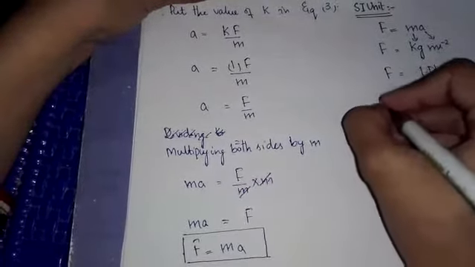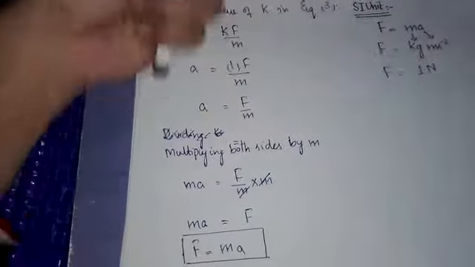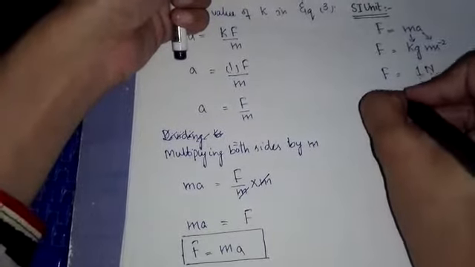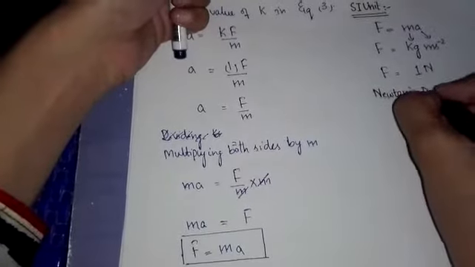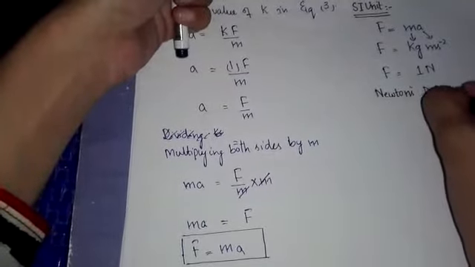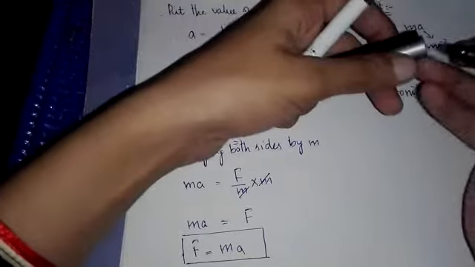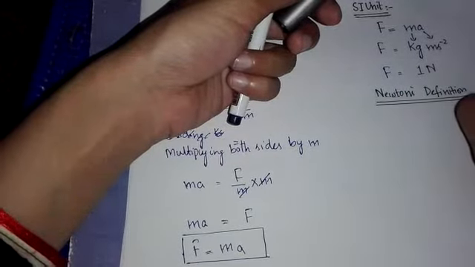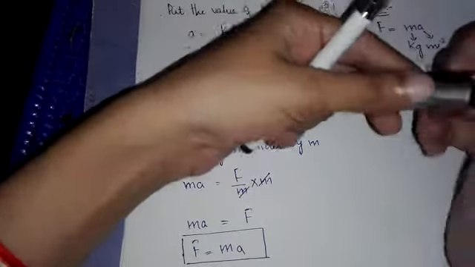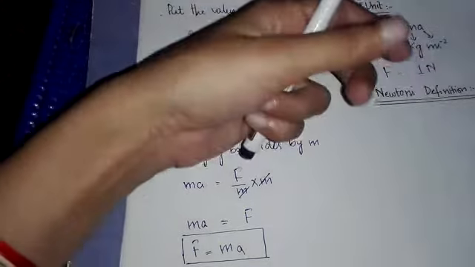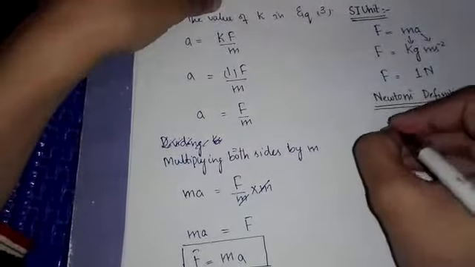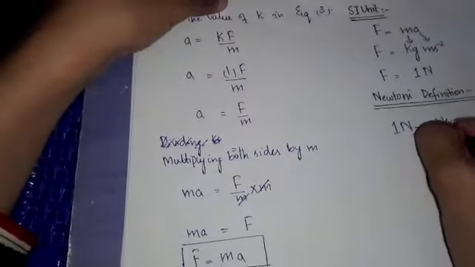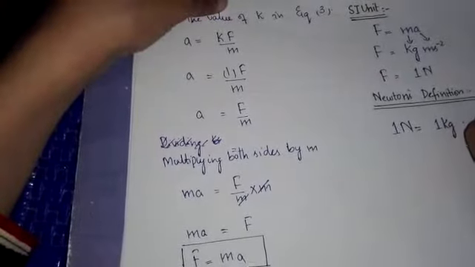According to Newton's definition, one Newton force will be equal to 1 kg into 1 meter per second square.